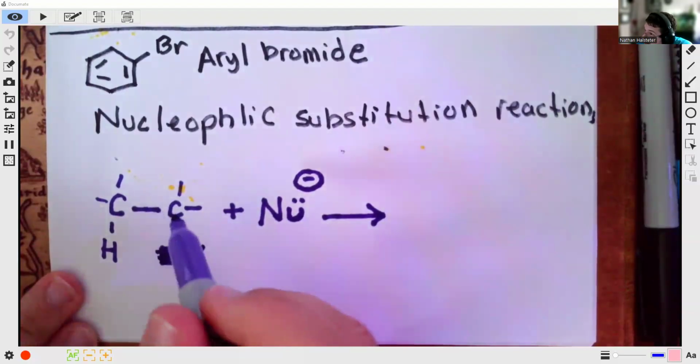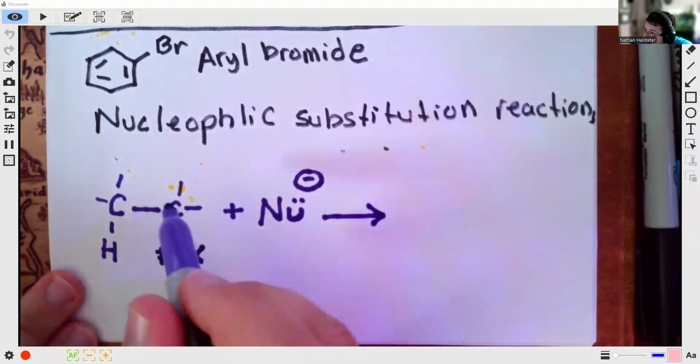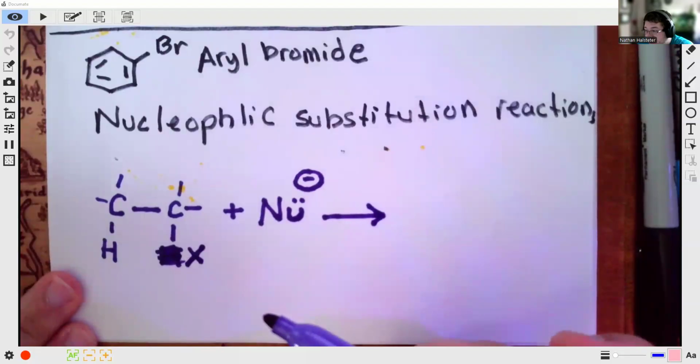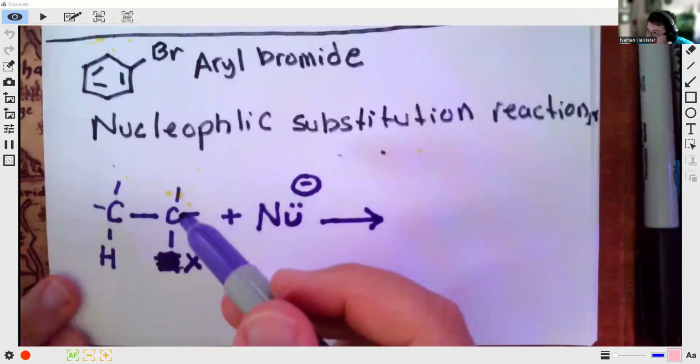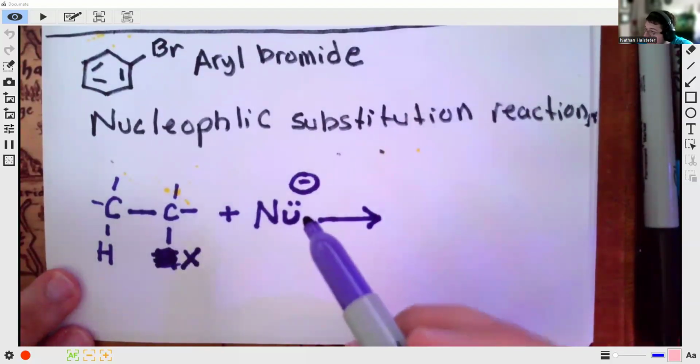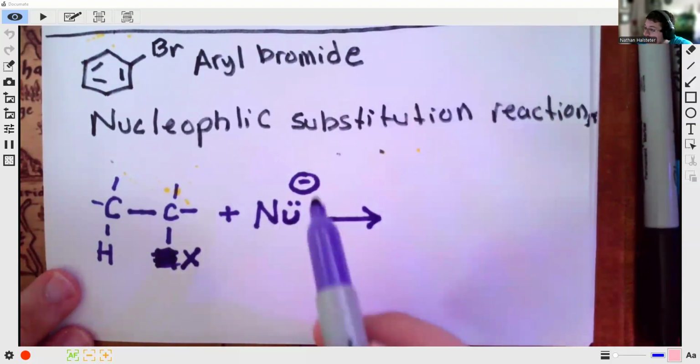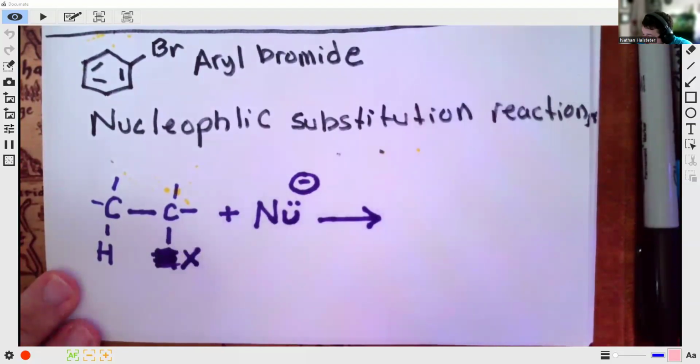So we have this reactive alkyl halide bond. Remember, it's a polarized bond. The halogen is more electronegative than a carbon, leaving a partial positive charge on our carbon. This nucleophile, I'm not going to show any arrows yet, but eventually we will, can attack that carbon, kick out our leaving group.